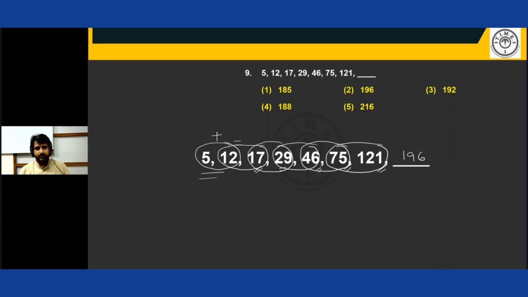The sum of these two numbers is equal to the next number. Fibonacci series.